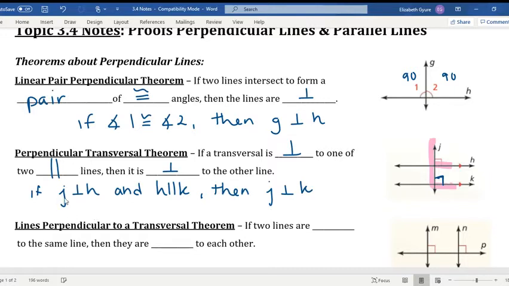So if line J is perpendicular to H and line H is parallel to K, then line J is perpendicular to K. So if it's perpendicular to one parallel line, it has to be perpendicular to the other one.